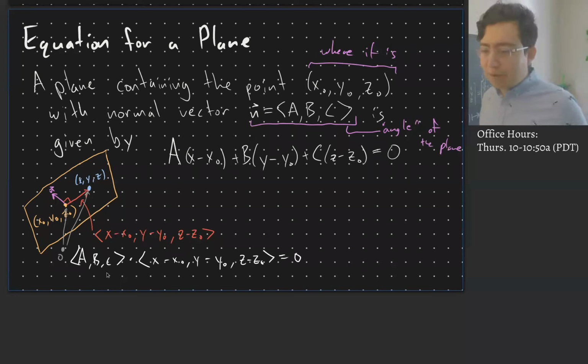But what happens when I take this dot product? I get A times this, B times this, C times this, and I add that all together. Well, I just get this formula back, right? So this relates back to this formula here. If I took that dot product, I would just get that formula back. Okay.